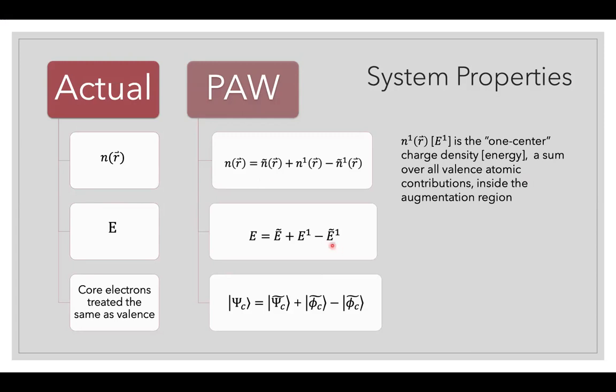We do this exact same thing for the energy. The total energy can be represented by the pseudized energy plus the one center energy minus its pseudized representation inside the augmentation region. And just to reiterate, we are treating our core electrons differently than we do the valence electrons.